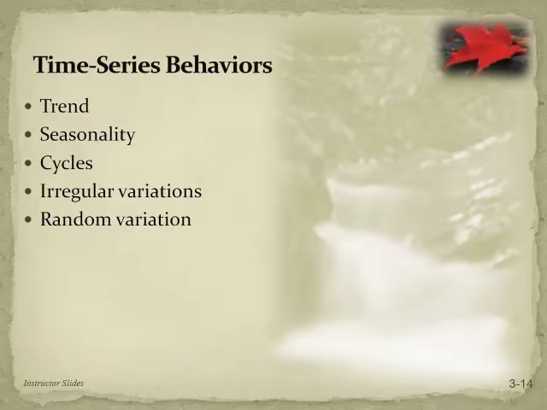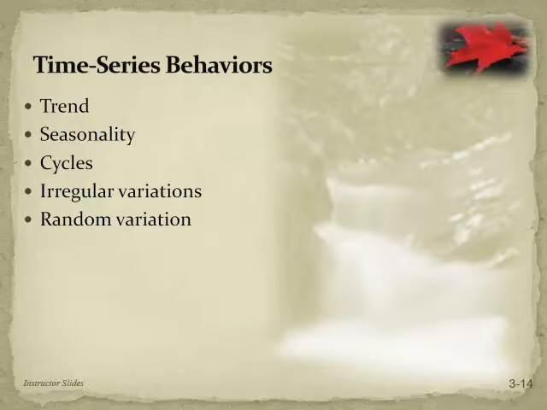So, time series behaviors. Our time series can have certain patterns associated with them. One of the things we need to do to be a good forecaster is to recognize the pattern that may be associated with the demand of our products.